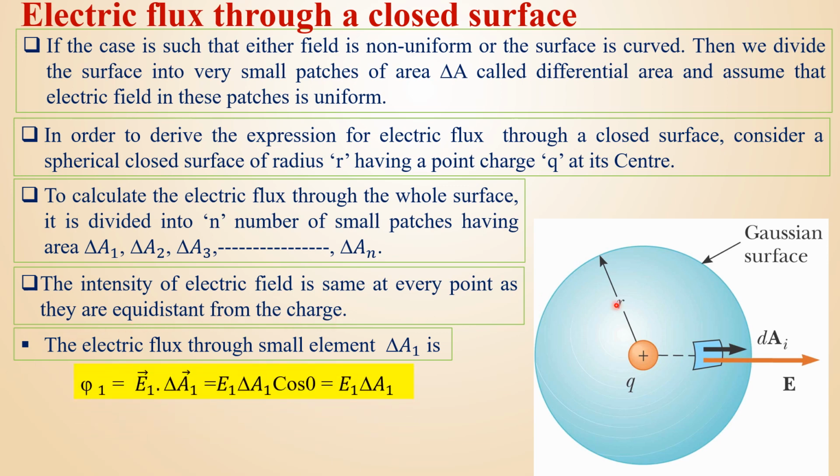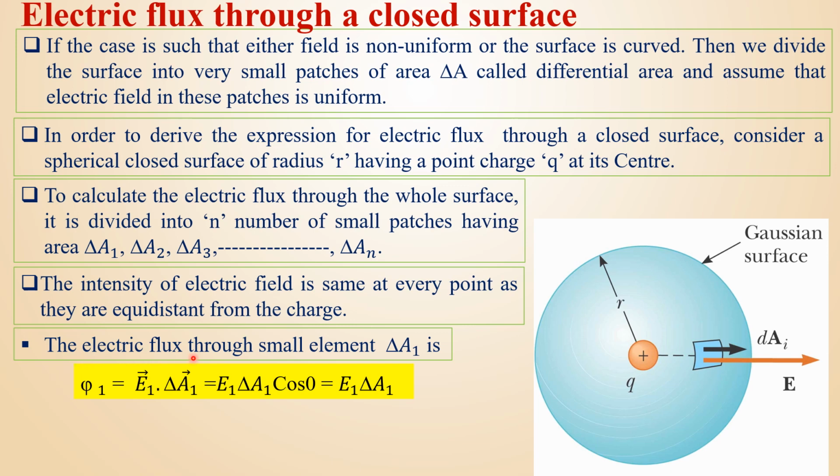As plus q charge is placed in the center of this spherical surface, the electric field lines will be outward. Electric field lines are parallel to the small element delta A, so theta equals 0, which is the angle between delta A and electric field intensity.